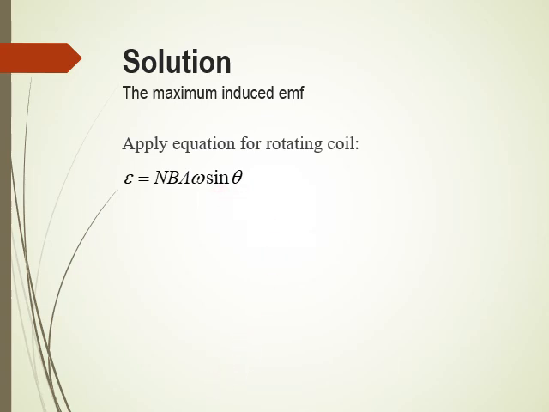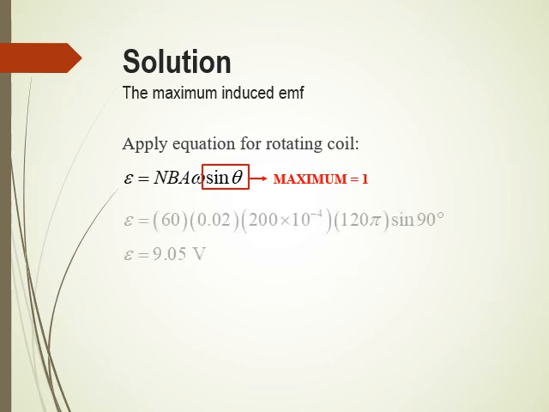Because the question is talking about the maximum value. When you're looking at the maximum value, this part is always equal to 1. So in this question, I'm going to substitute it as sin 90 degree because it will give me 1. So substitute the values into the equation and you will obtain induced EMF equals 9.05 volt.